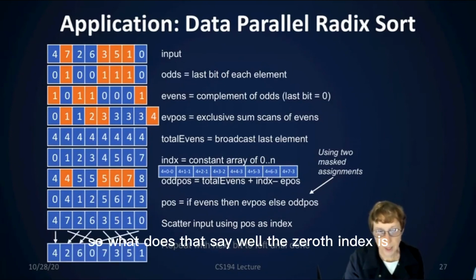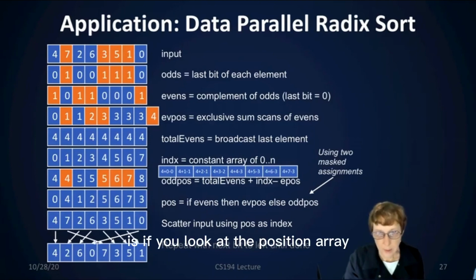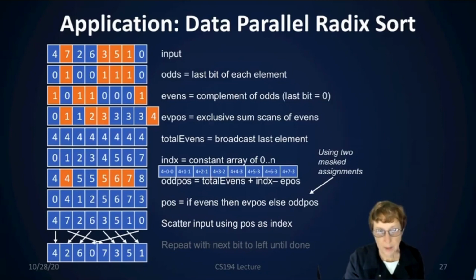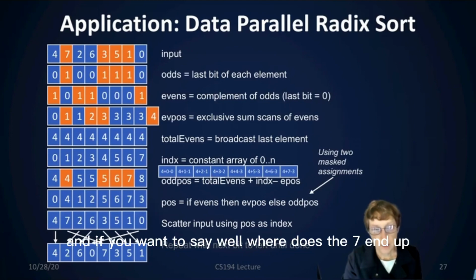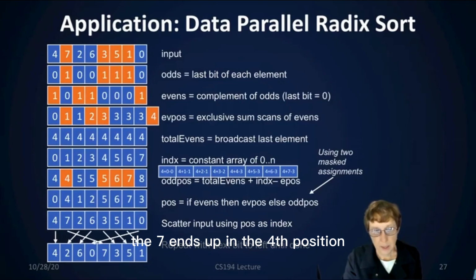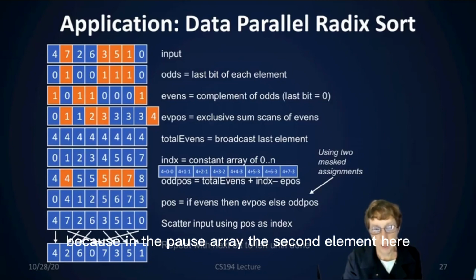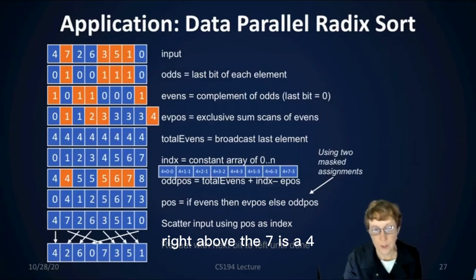Well, if you look at the position array, the 0th item goes into the 0th position. So that is a 4. And if you want to say, where does the 7 end up? The 7 ends up in the 4th position, because in the pos array, the second element here, right above the 7, is a 4. And so the 7 ends up in the 4th position in the output array.